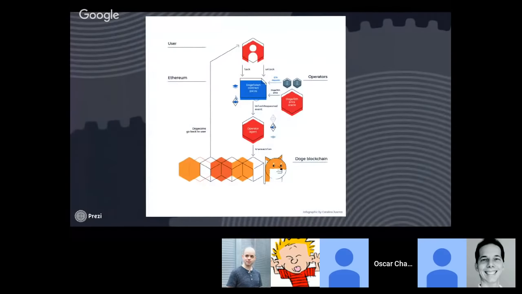So back to the Ethereum to Dogecoin side of the bridge. Ethereum and Dogecoin are two blockchains that are very different, so the solution implemented for the Dogecoin to Ethereum side of the bridge is completely different from the solution we implemented for the Ethereum to Dogecoin side.